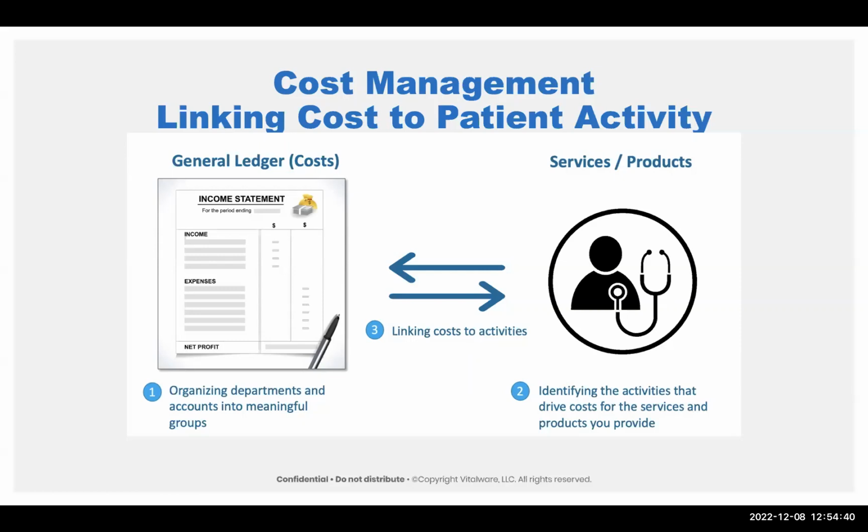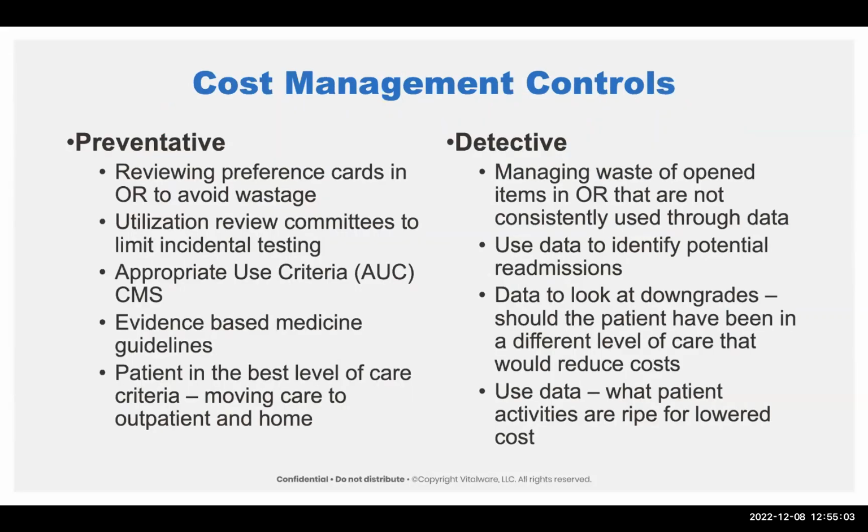Then I'm going to identify the activities that drive costs for the services and products you provide. And then third, I'm going to link the cost to the activity. Is there an activity we do that isn't necessary on all patients, but is being done on all patients? So we can look at this. This is an example of power costing. And cost management has preventative and detective.